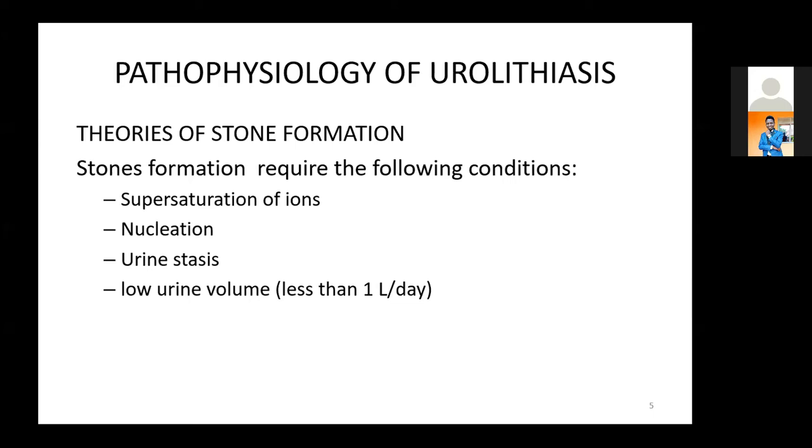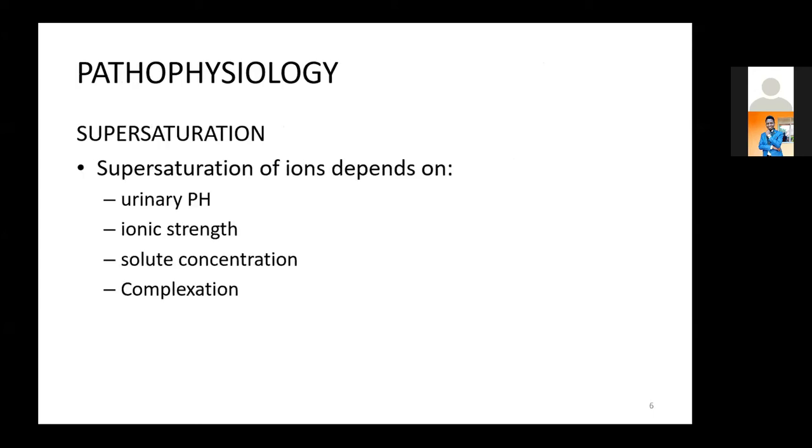You may need urine stasis, like we had said, or low urine volume. Like we said, dehydration predisposes to stone formation. So supersaturation of ions depends on the urinary pH, the ionic strength, the solute concentration, and complexation. Complexation simply means that there are some ions that bind to others, and so we say they have complexed.